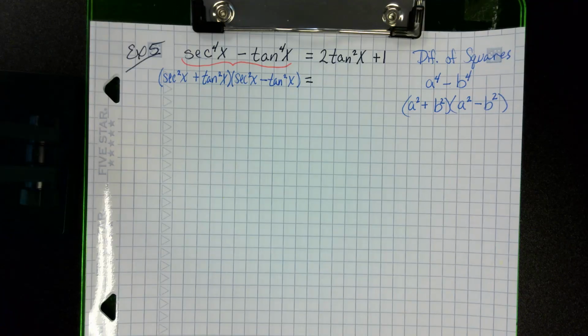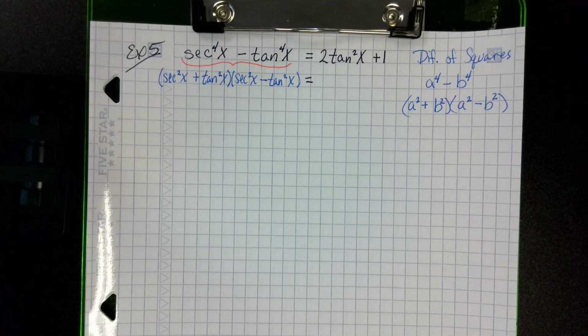Okay, so now that I did that, I don't have 4th powers anymore. I am down to power 2, but it's still pretty complicated looking. But it does seem like it kind of looks like Pythagorean. I don't know which one is going to be my Pythagorean, but it's trig function squared plus or minus a trig function squared.